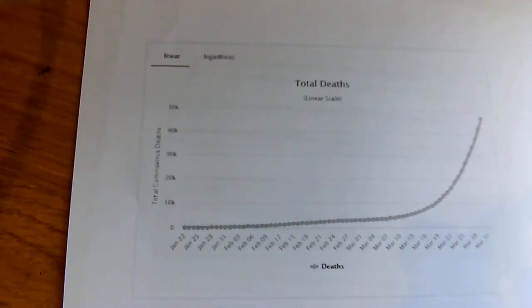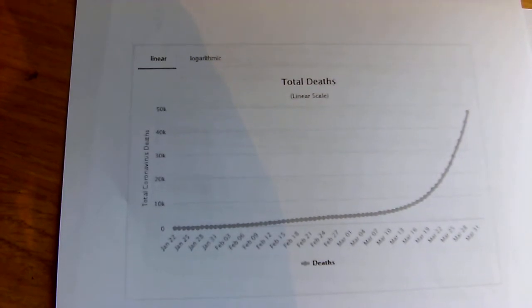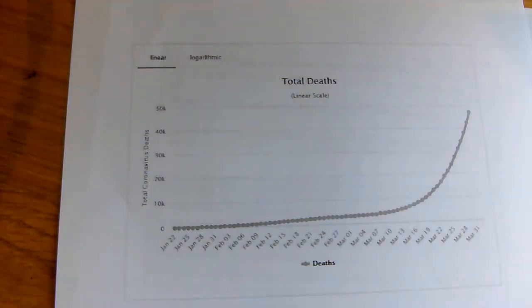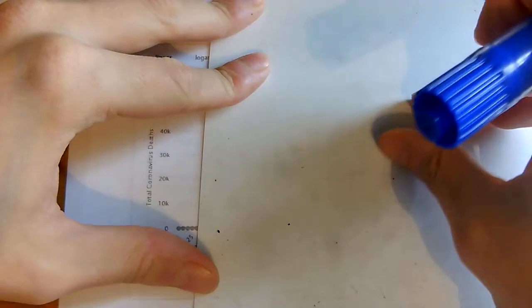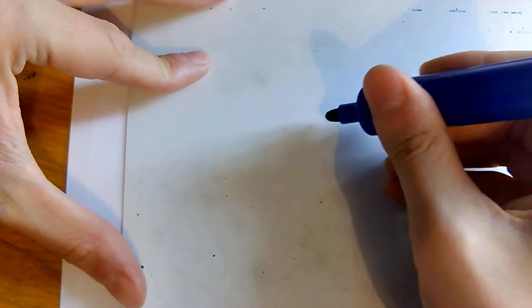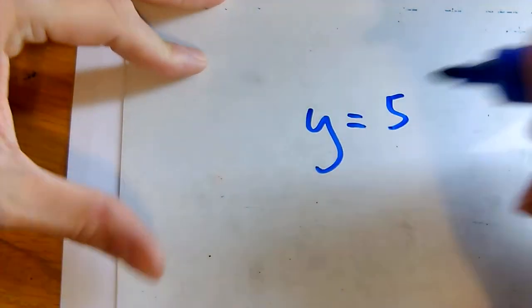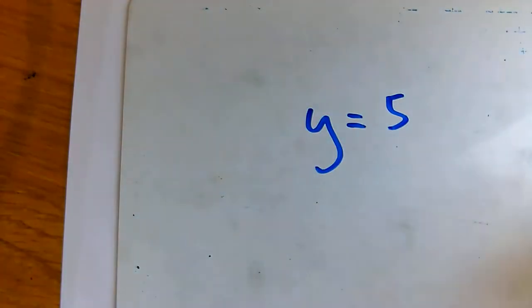That first graph, this one here with the exponential curve, this would have, most likely, because the deaths are multiplying every day, let's just take a random example. Let's say the function would be something like y equals 5, and then every day there was 10 times more deaths.